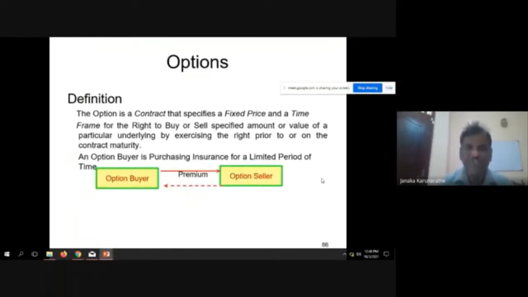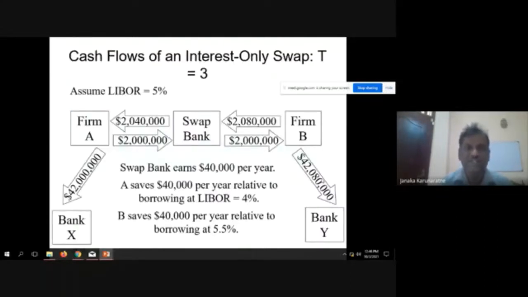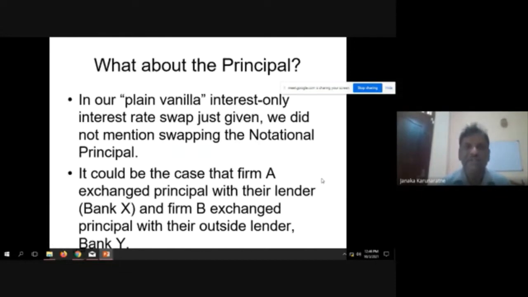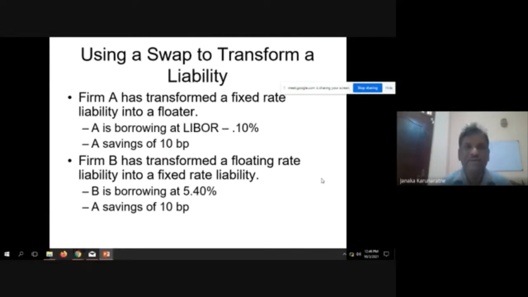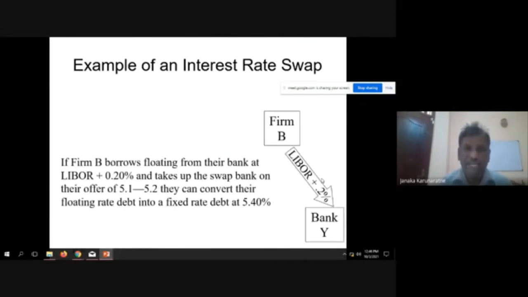The whole area of swaps we will look at, cash flows in a swap and how it takes place. Of course, we are not going to discuss pricing, which is complicated, but the basic structures of a swap. Okay, so with that, we'll stop for the day, almost 12:45.